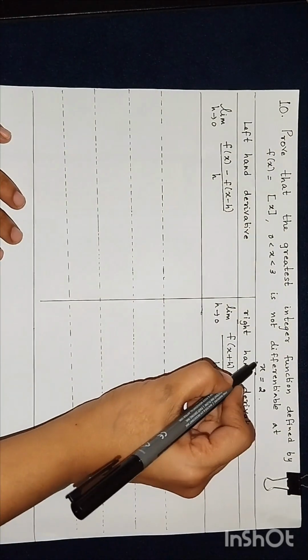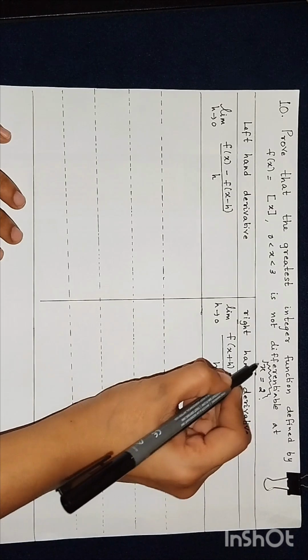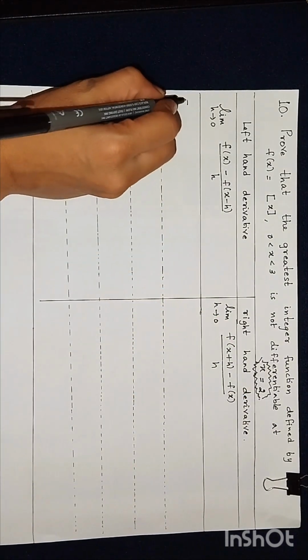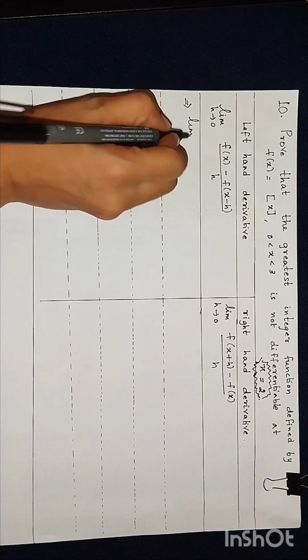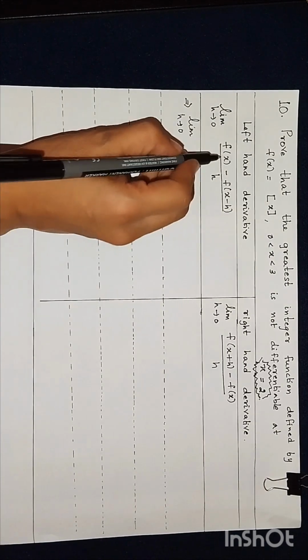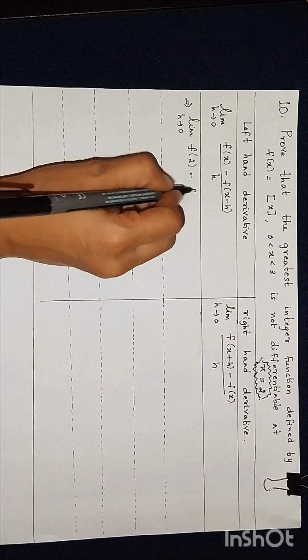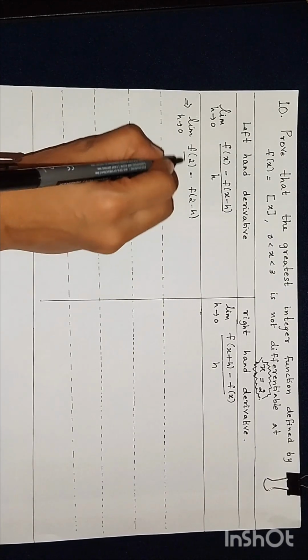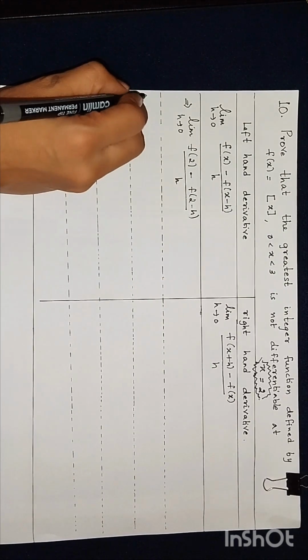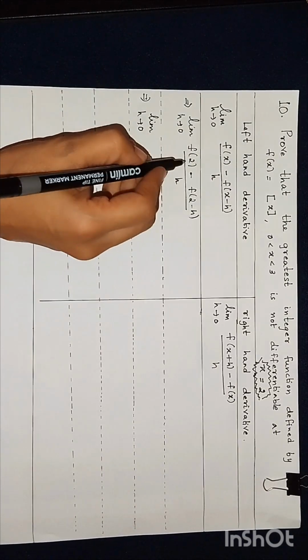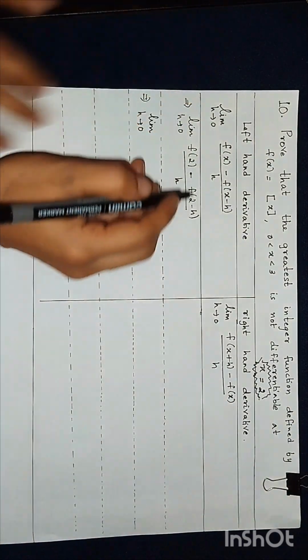Now let us solve for case 2, where the x value is equal to 2. In the left hand derivative, this implies limit h tends to 0, so at x equal to 2, we will write f of 2 minus f of (2 minus h), divided by h. How will you write f of 2?